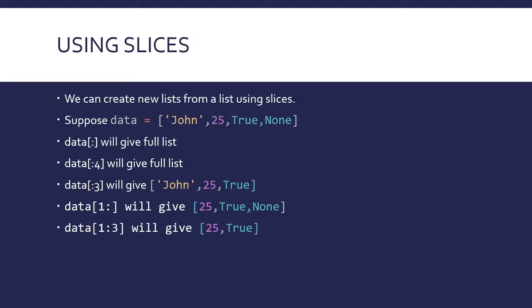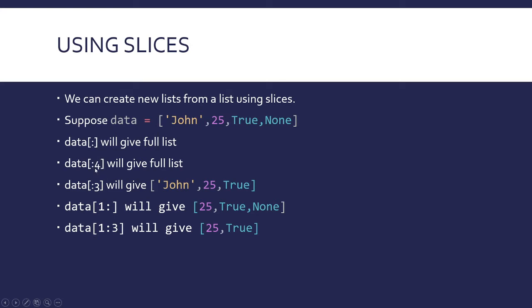Next, we can use slices to get a specific value or a subset of a list. We can create a new list from a given list, like in this case data is the given list. If we pass only a colon inside square brackets, it will give the full list as output. If we give colon then 4, it will also give the full list, because 4 is not inclusive.